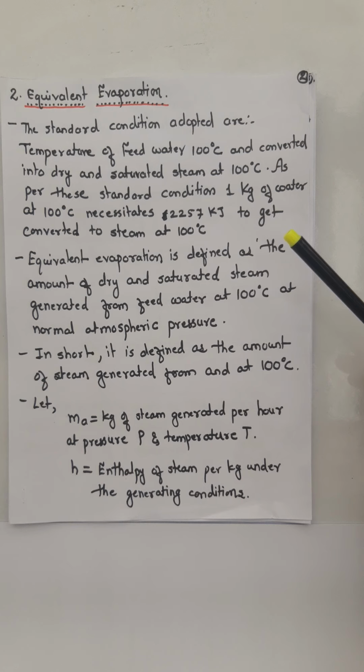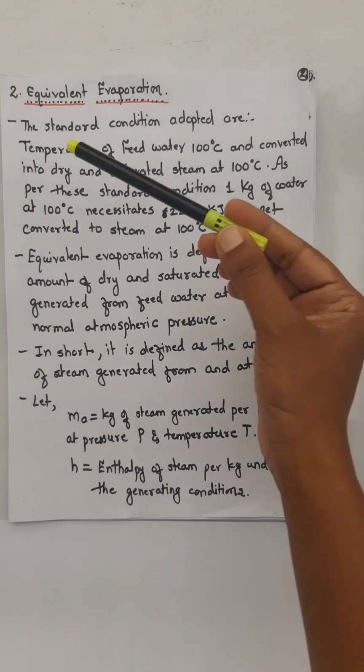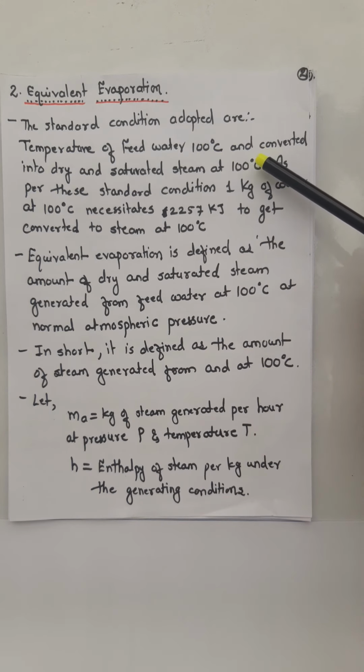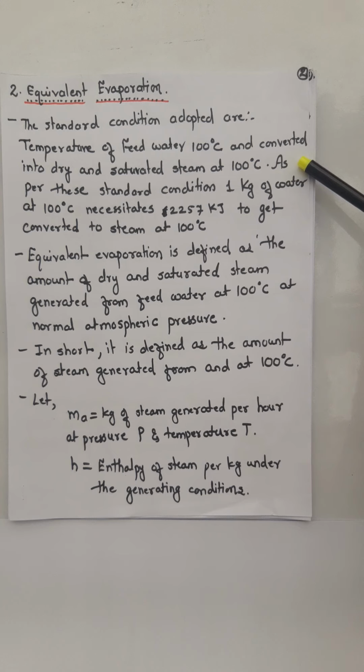Therefore, such boilers cannot be compared unless some standard parameters are adopted. And the standard condition adopted is the temperature of feed water at 100 degrees centigrade and converted into dry and saturated steam at 100 degrees centigrade.